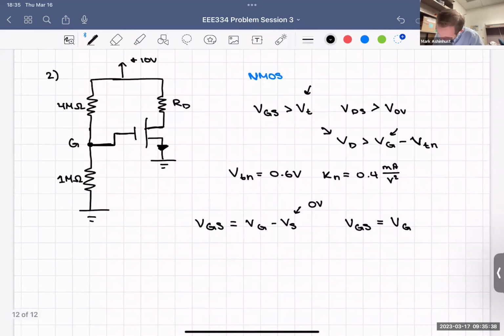Well, what does VG equal? This is very similar to what we had last time. We have 10 volts here, we come here, we got VG here, then we come down 1 mega ohm, and then we go down to ground. It's a voltage divider again, and this time it's with 1 mega ohm for the load.